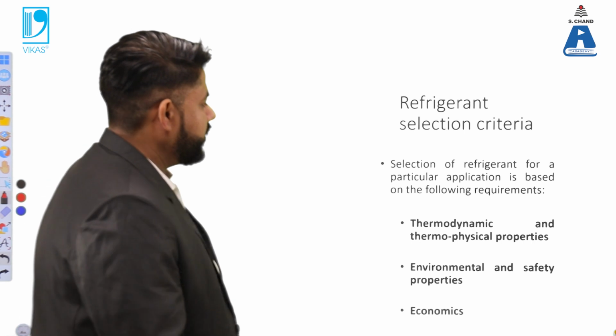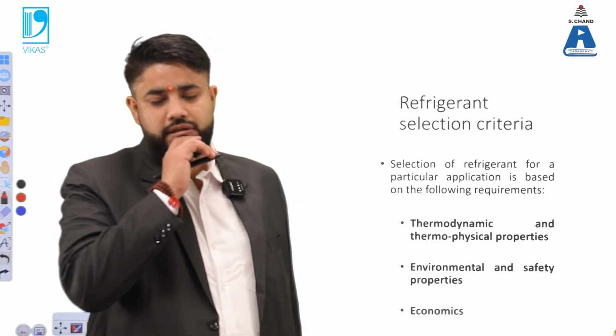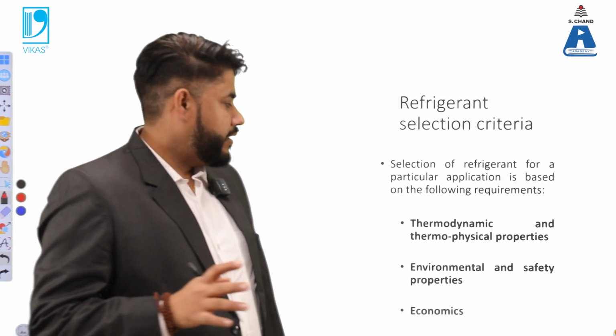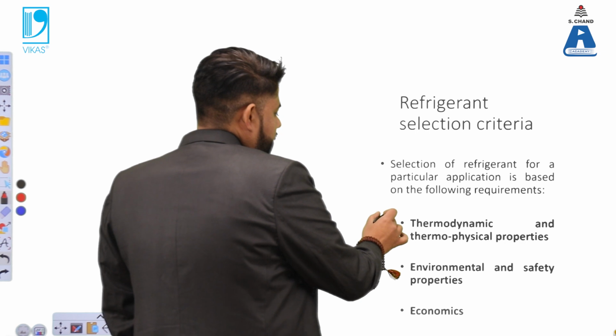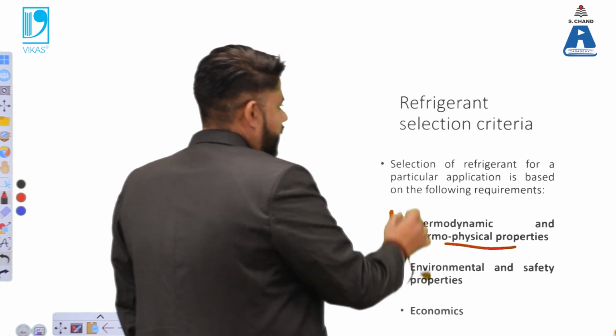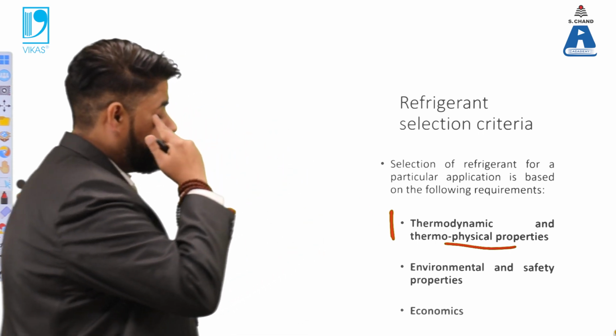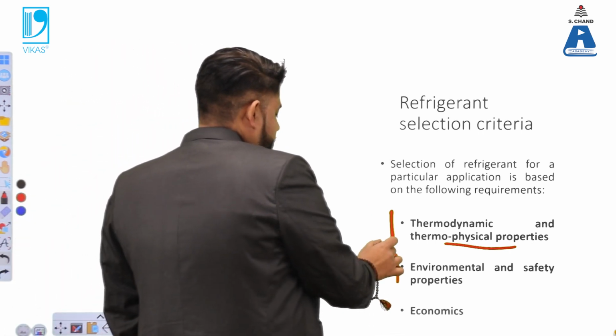There are certain criteria or requirements for choosing the refrigerant. One characteristic is that it should have stable thermodynamic and thermophysical properties. Environmental and safety properties should be there.